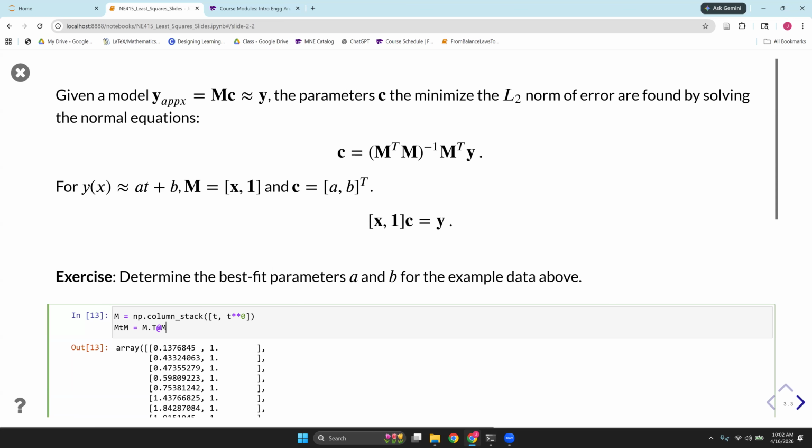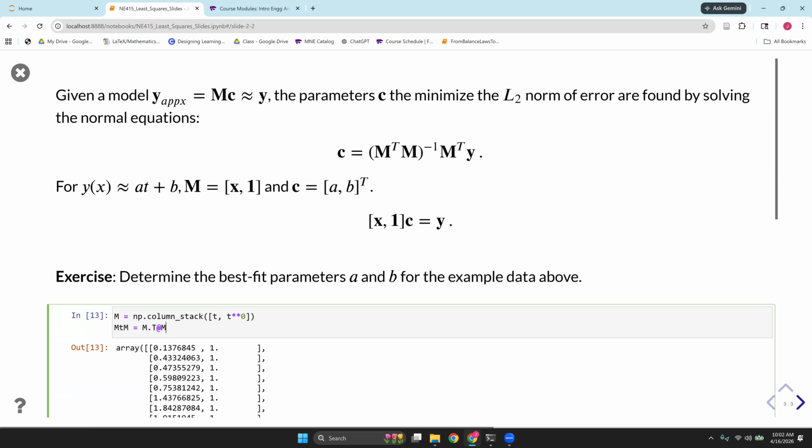If M is N by 2, and we take its transpose, that's 2 by n. So M transpose times M is 2 by n times n by 2, which results in 2 by 2. Aha! You can see where the magic of being able to solve it comes from.